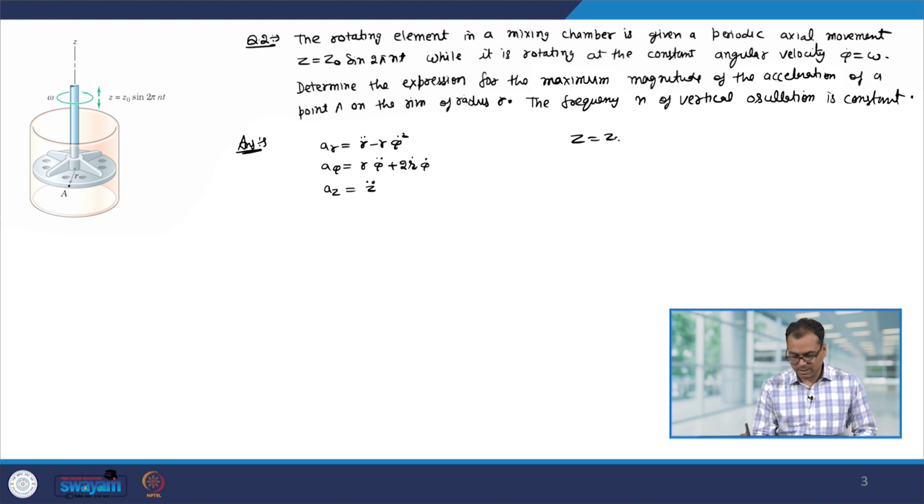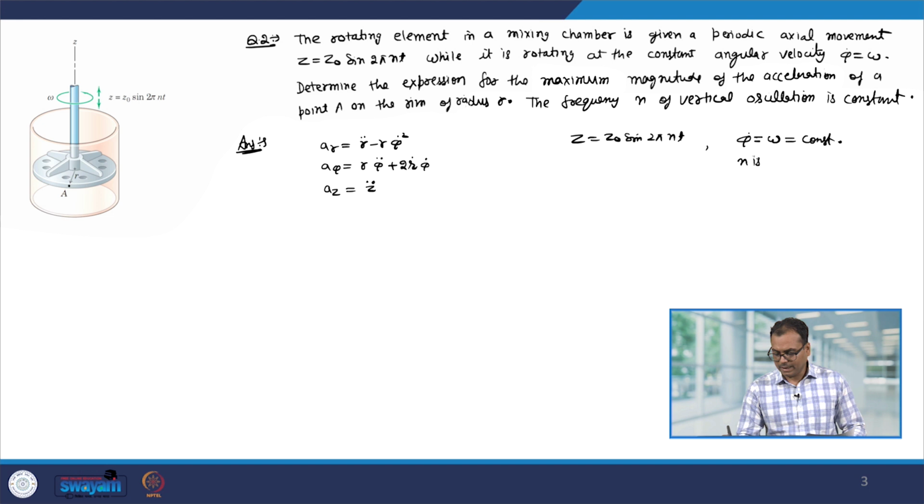It is given that z is equal to z naught sin 2 pi n t, and phi dot, which is omega, is equal to constant. It is also given that n is constant. And note that because we have been asked to find the maximum acceleration of point A on the rim, r is also constant, r is not changing.